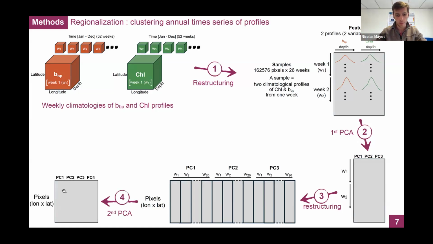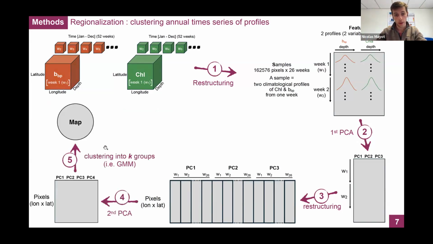And so now I end up with a table where each row represents 1 pixel and each column represents a principal component. This is the table that I'm giving to the clustering method, which is a Gaussian mixture model. And I'm choosing a number of groups.